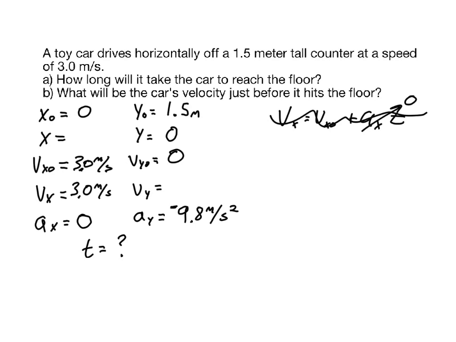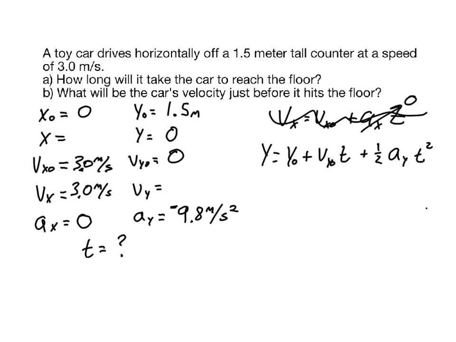I don't know the final velocity in the y direction, and for part A, I don't need to know it. So I'll look for the equation that doesn't have final y velocity in it. And that equation is going to be the one that says y equals y naught plus vy naught t plus 1/2 ay t squared.